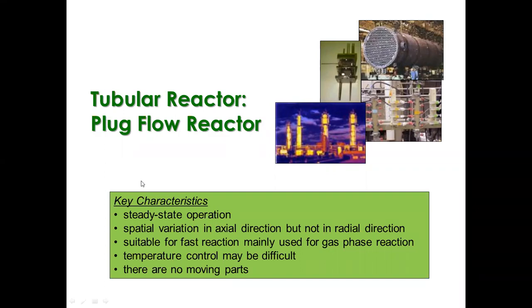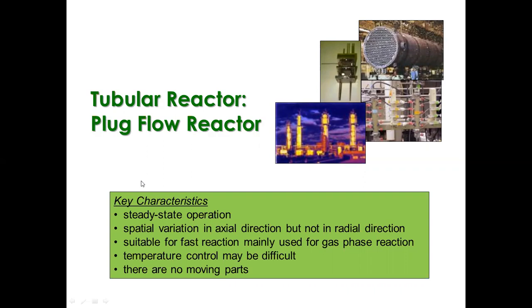So the operation here is steady state. Spatial variation is in the axial direction but not in the radial direction. Axial meaning the axis, the direction of flow of your reacting mixture inside your reactor, is also your axis, and it is expected that there is spatial variation in concentration, specifically in the axial direction.